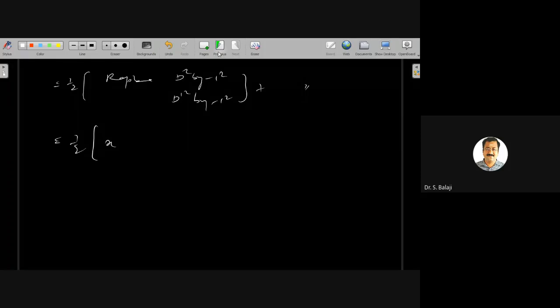Numerator is 2d plus 3d dash. Minus 1 square minus 1 square, or minus 4 minus minus plus 9, that is minus 4 plus 9.